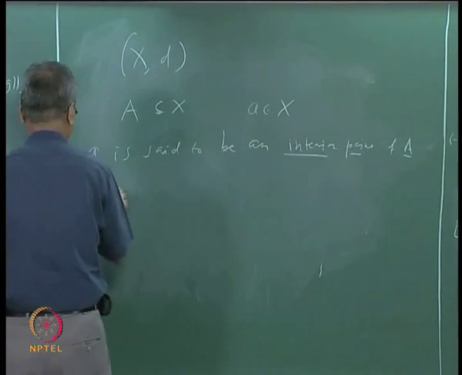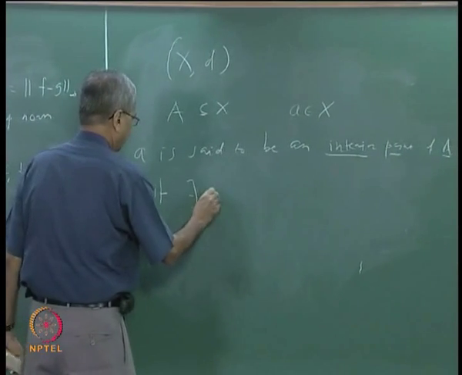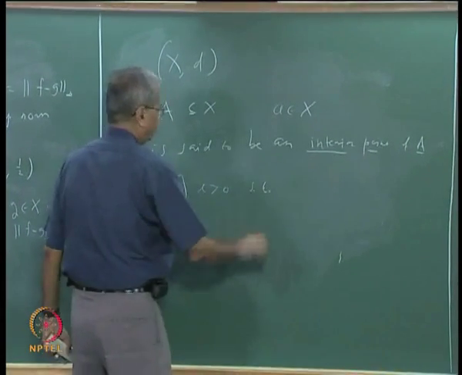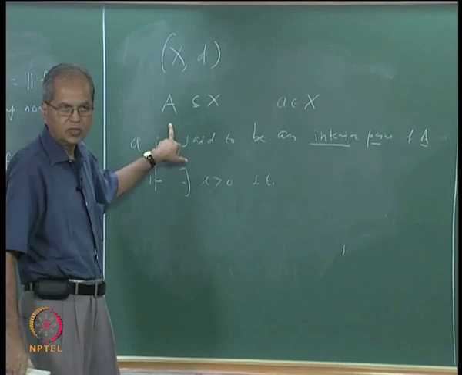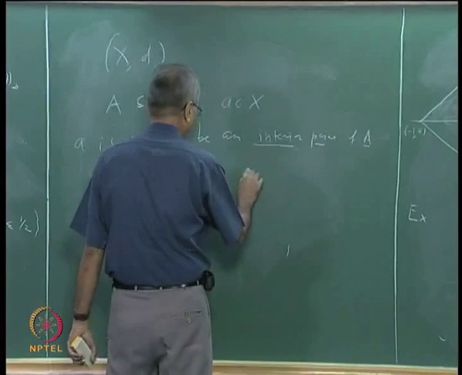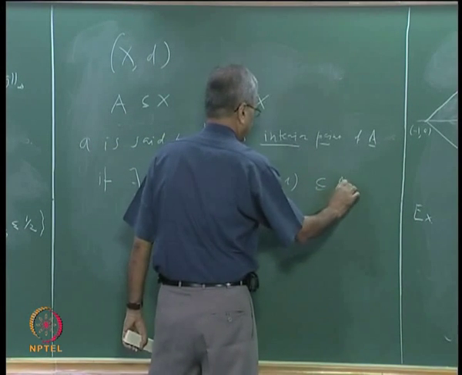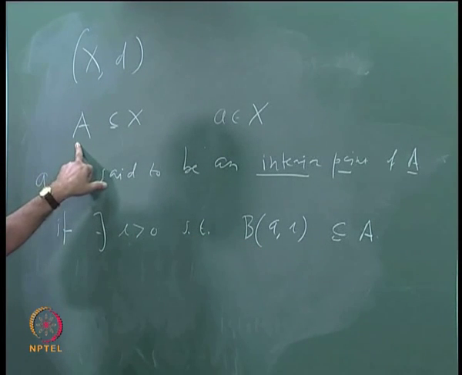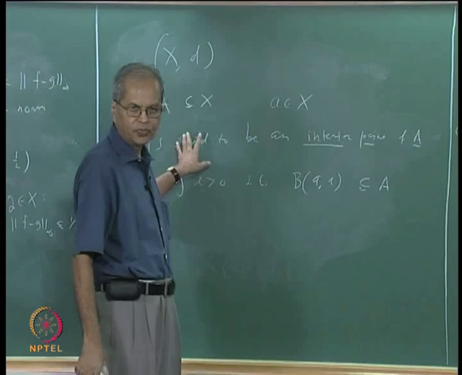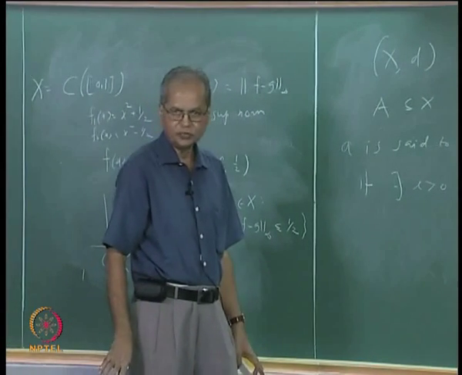A point a is said to be an interior point of A if there exists some real number r bigger than 0 such that the open ball with center at a and radius r is completely inside A. This obviously means that the point a also is inside A, so every interior point is a point of A. Suppose we collect all such points; that will form a set.